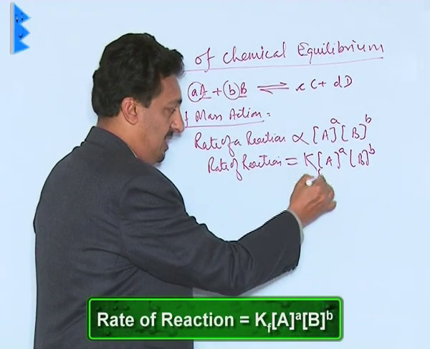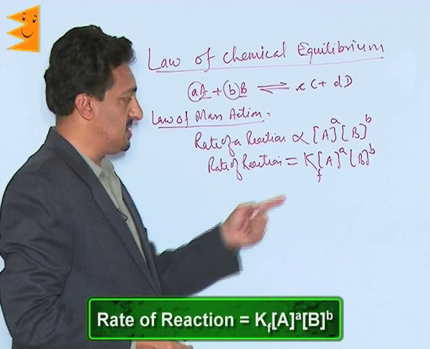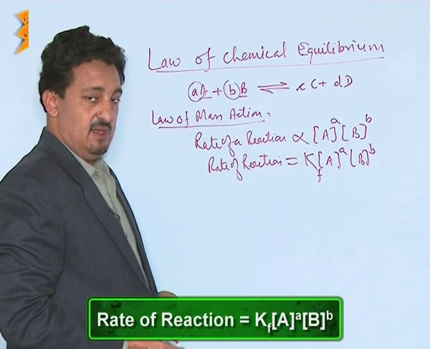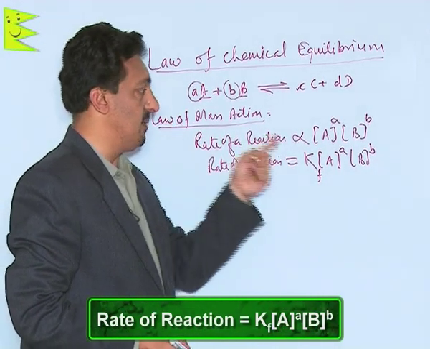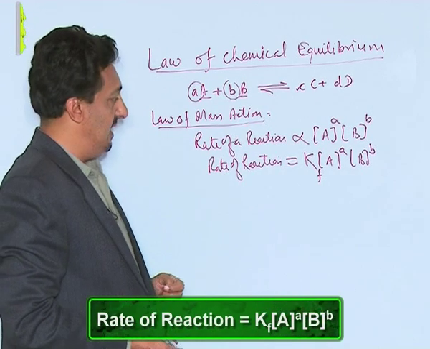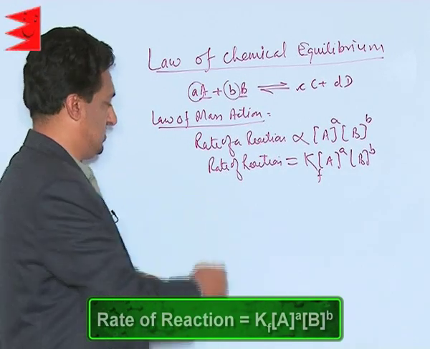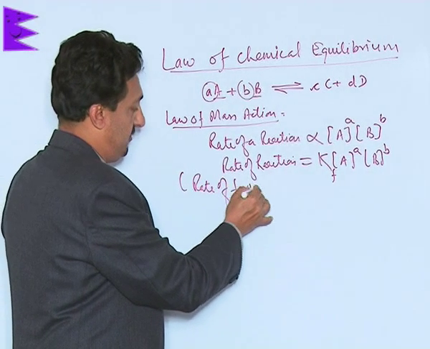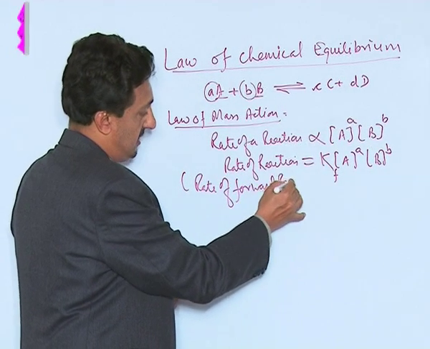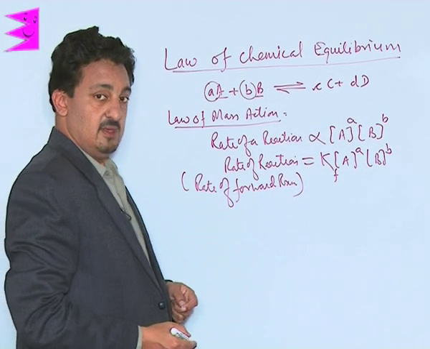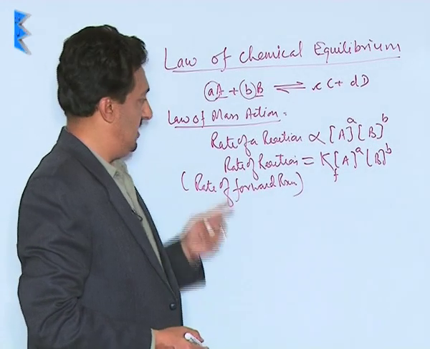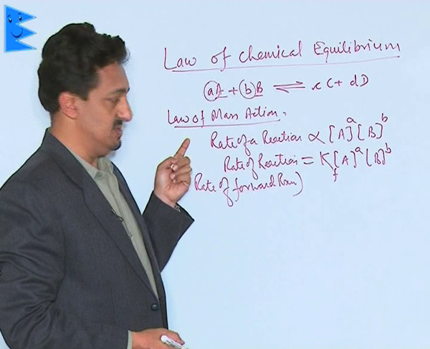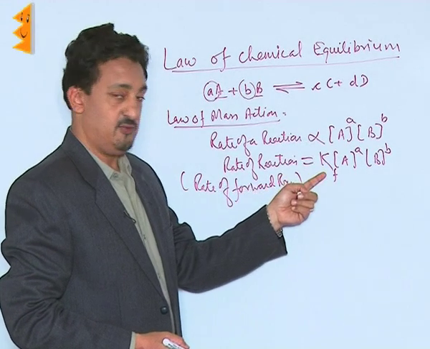We write small f in the subscript of this K if we are talking about the forward reaction, and therefore this rate of a reaction can also be called rate of forward reaction.